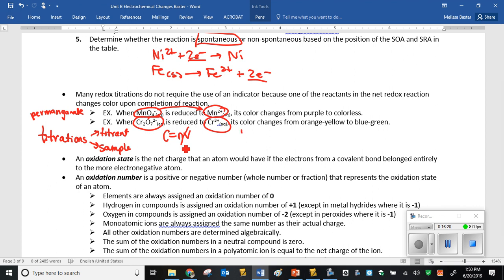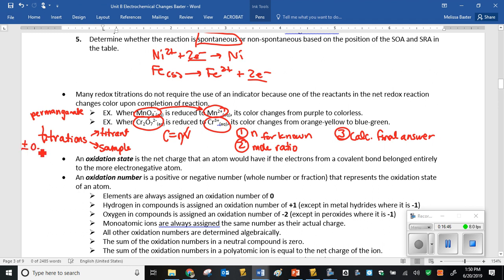The basic steps would be: find the moles for something that's known, use the mole ratio between the thing that you know and the thing that you're looking for, and then calculate your final answer, whatever that is, usually volume or concentration. Other things for titrations, you got to remember that you got to be within 0.2 milliliters for a trial to be counted as part of the data. Do you guys have any titration questions that you want to ask?